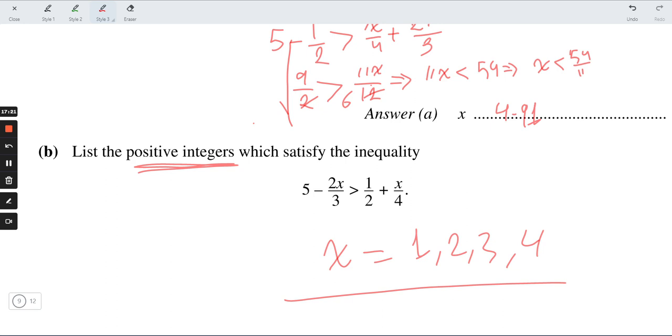Positive integers. They might use 0. Even 0 has no sign, not negative, not positive. But also you could use it as a number which is less than 4.91. So 0, 1, 2, 3, and 4.